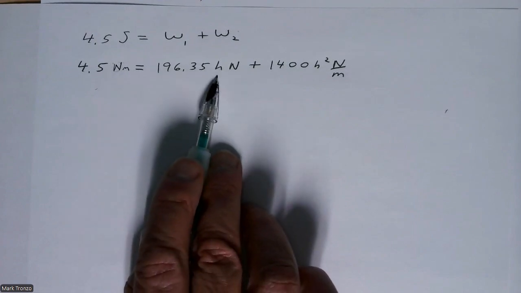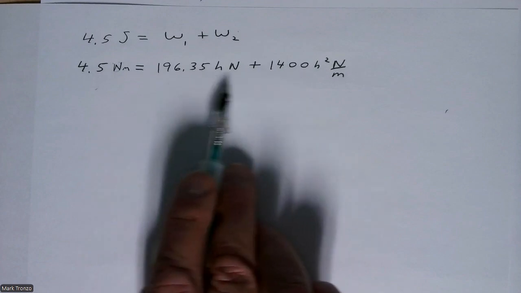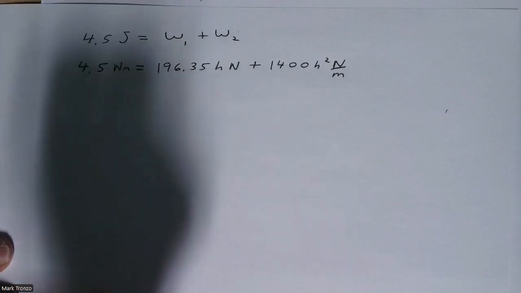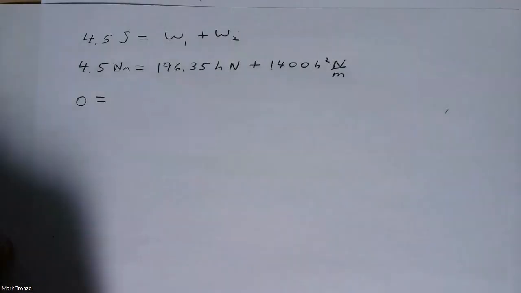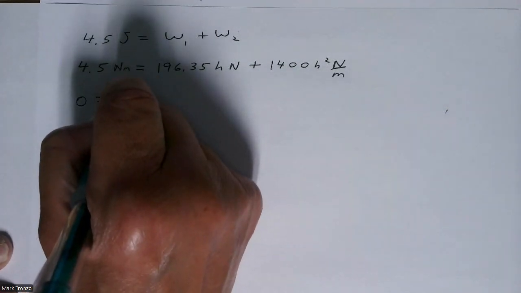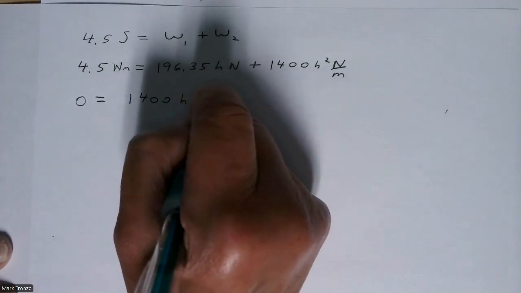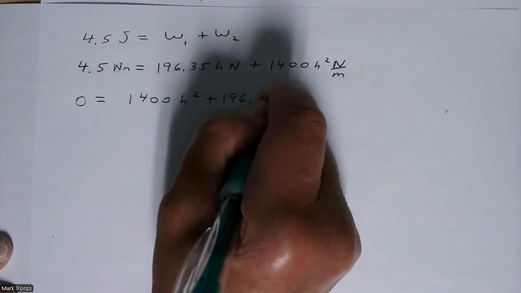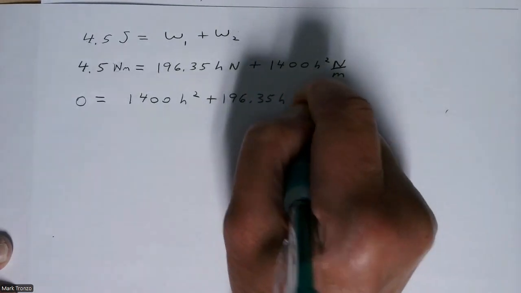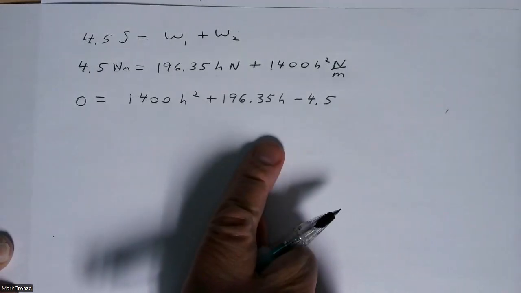And so we have an H and an H squared. So we're going to have to treat this like a quadratic equation. Let's move everything to the right-hand side and set it equal to 0, and let me put the H squared first here. 1400. Like I said, I'm just going to suppress the units. And that's all equal to 0.